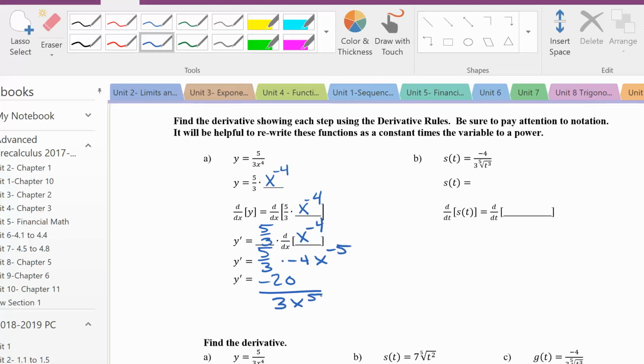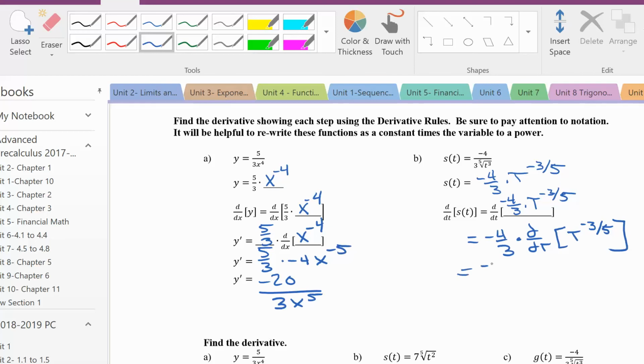So the next one, s of t, well, we can rewrite this as negative 4/3 times t to the negative 3/5. So it's going to be the derivative of negative 4/3 times t to the negative 3/5. So it's equal to negative 4/3 times the derivative with respect to t of t to the negative 3/5.